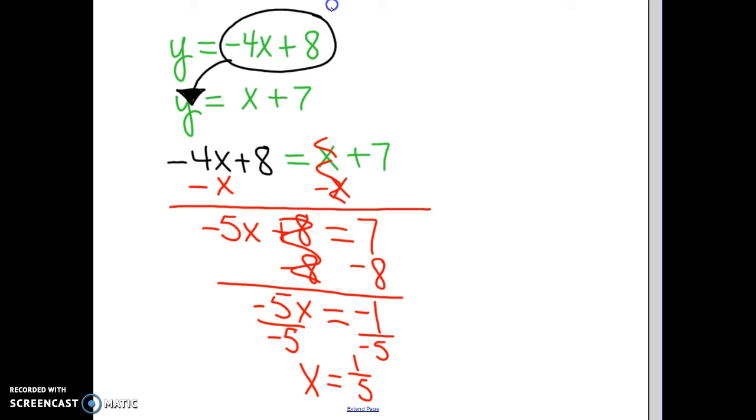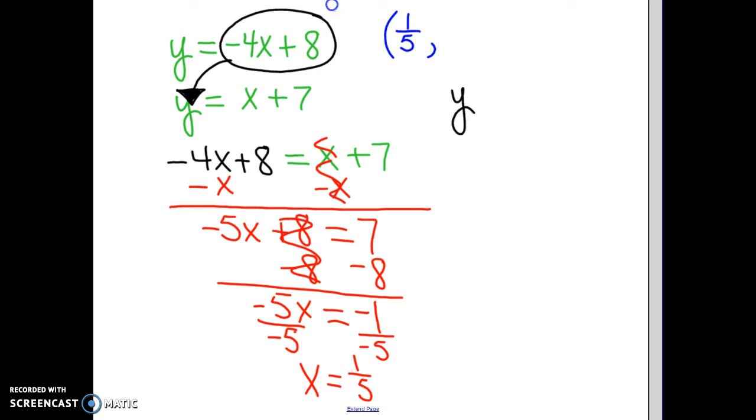Now, I know from graphing that I actually need a coordinate. I need an x value and a y value to have a solution. My x value, I now know, is 1/5. So now I need to figure out what is my y value. So I'm going to substitute the x value of 1 over 5 into my equation y equals x plus 7.